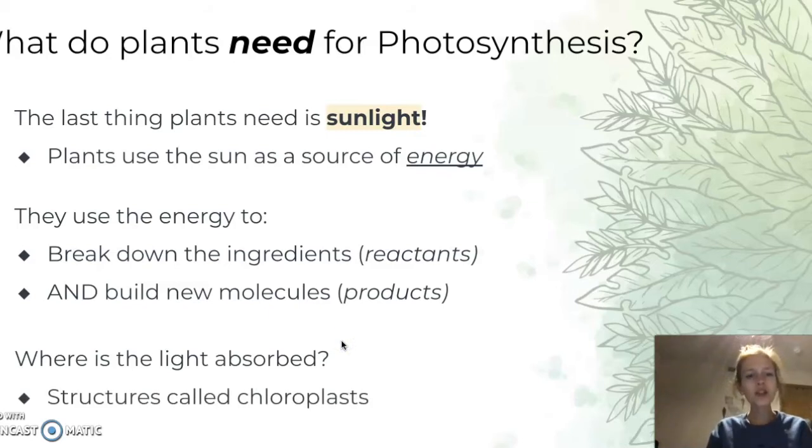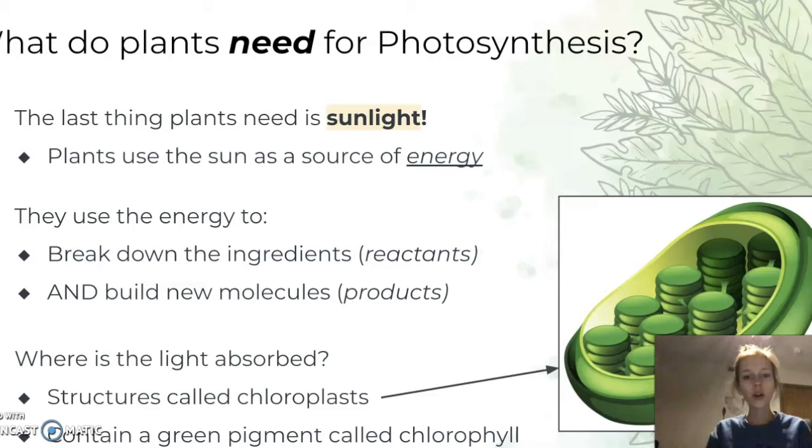It's absorbed in structures called chloroplasts in the leaves. The chloroplasts look like this, and they contain this pigment, or this dye, called chlorophyll. Now, chlorophyll is the green chemical that makes leaves and those bacteria we saw look green. And it's the stuff that can soak up the sunlight and make use of that energy.